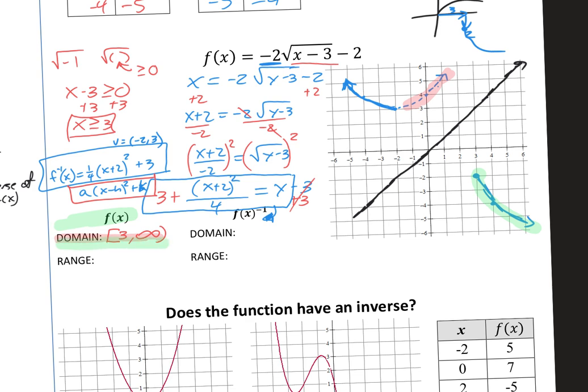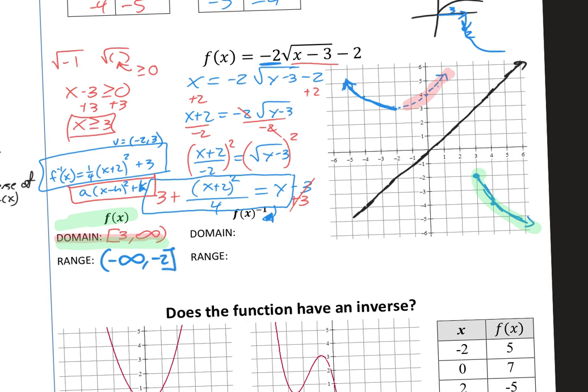Okay, we can see pretty quickly that the domain is 3 to infinity. The range is y values, negative y values all the way up until and including -2. So how can we write that? We could say we're going to go from -infinity to -2, including -2.